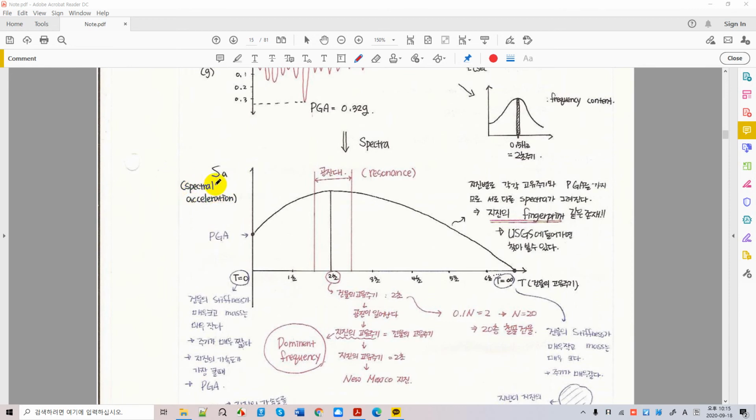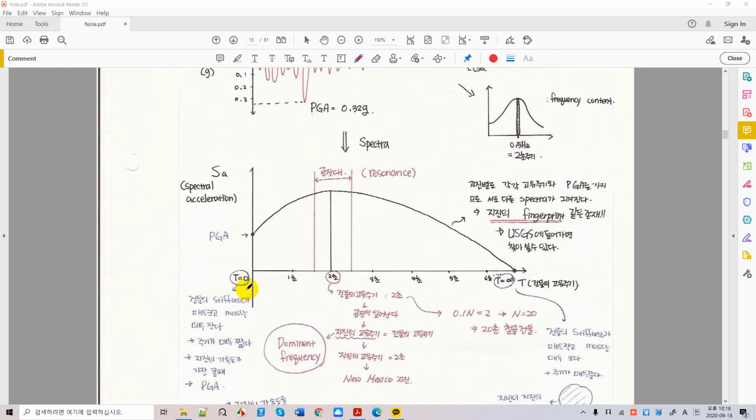Okay, so we just say spectral acceleration, or you could say maximum acceleration. They have the same meaning. But engineers call this axis spectral acceleration instead of maximum acceleration in most cases. And the x-axis, as I said, represents period, right?